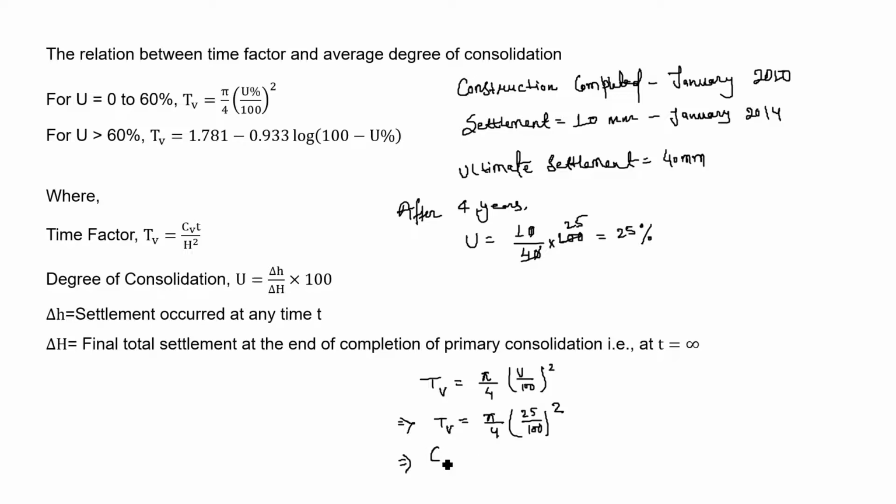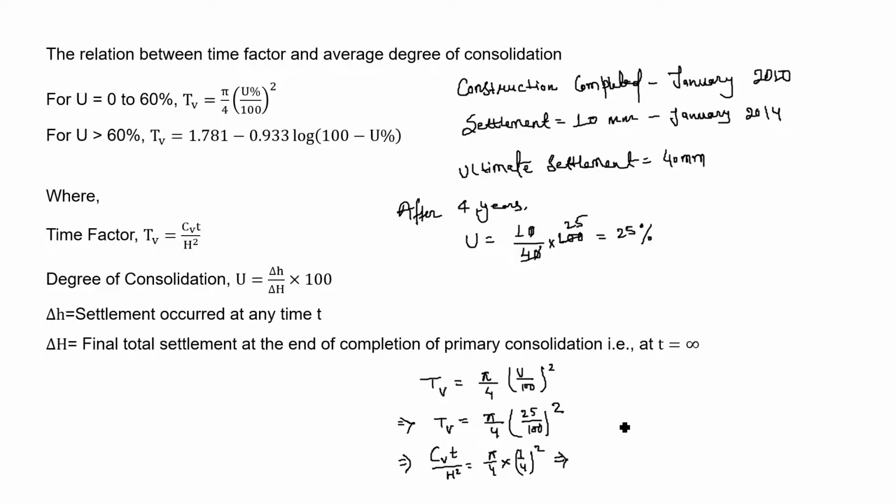So Cv t by H square is equal to pi by 4 into (1 by 4) square. Now, this t will be 4 years.